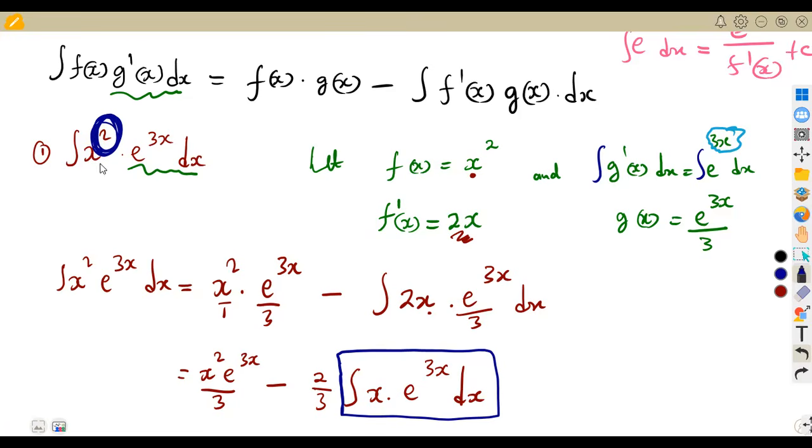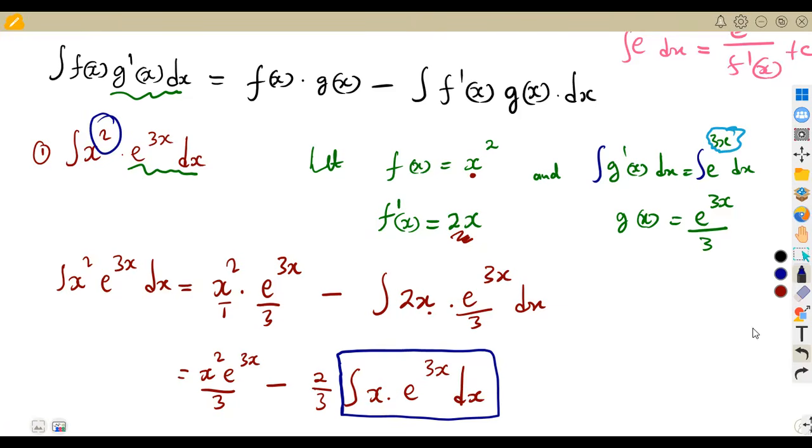So meaning to say, if there was an exponent of 3 here, we were going to apply by parts 3 times. If there was an exponent of 4 here, we're going to apply by parts 4 times. Because there is a 2, we are going to use by parts 2 times.